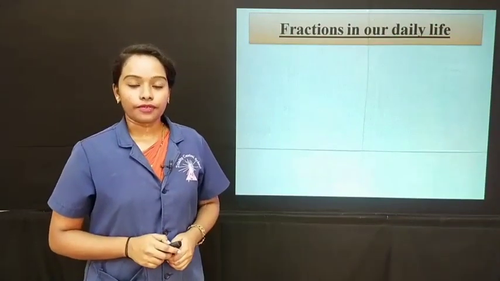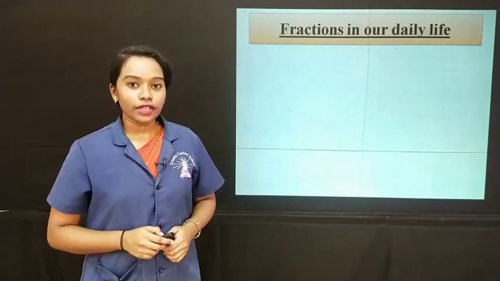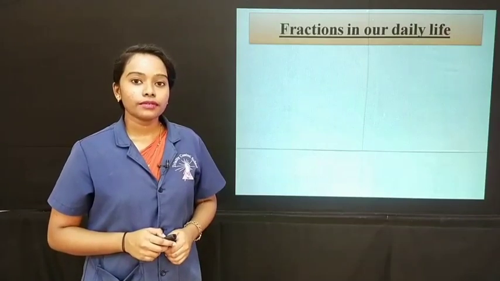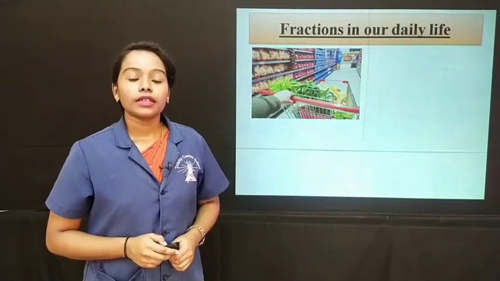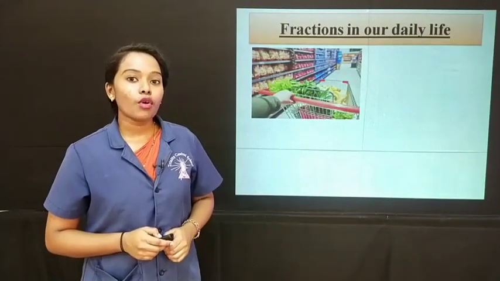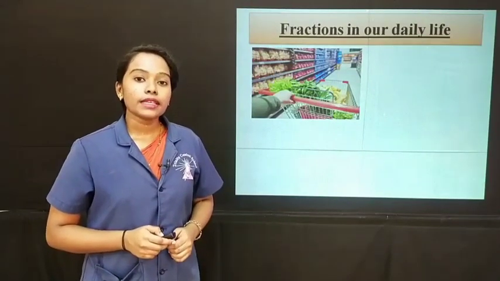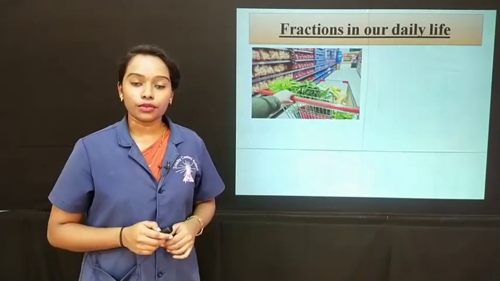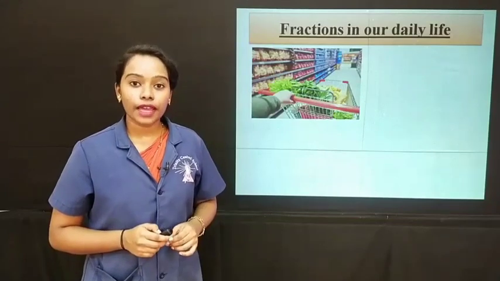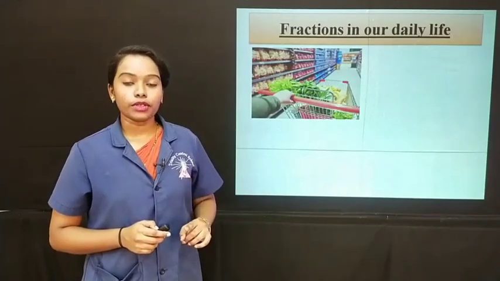Fractions in our daily life. Do you know if we use fractions in our daily life? In a grocery shop, the quantity of items which we want to buy is represented by fractions. For example, half kg of tomatoes, which is represented by fraction 1 by 2.